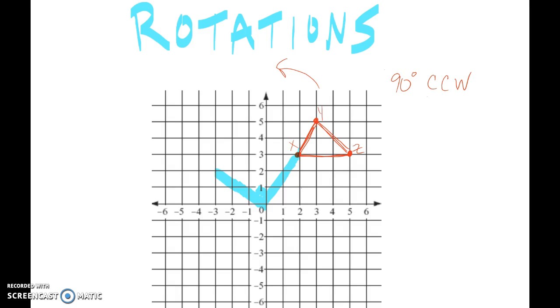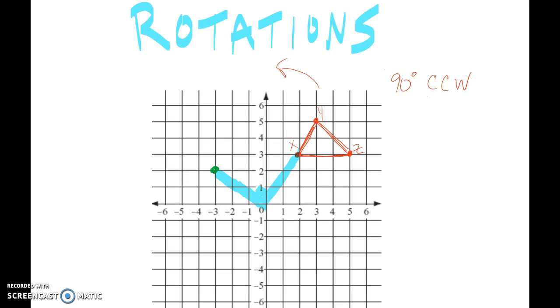Well, this slope is up 3 over 2. But when I look at this blue line, it is up 2 over 3. And it's in the opposite direction. So I have perpendicular slopes, which means that's for sure 90, which means that this red point here ends up moving right here.